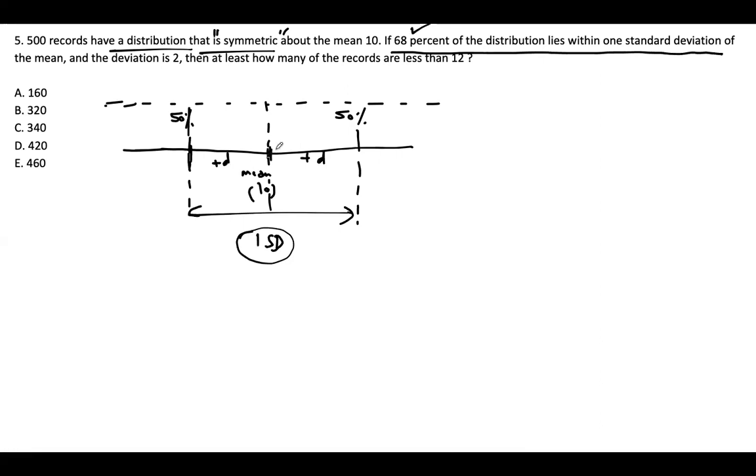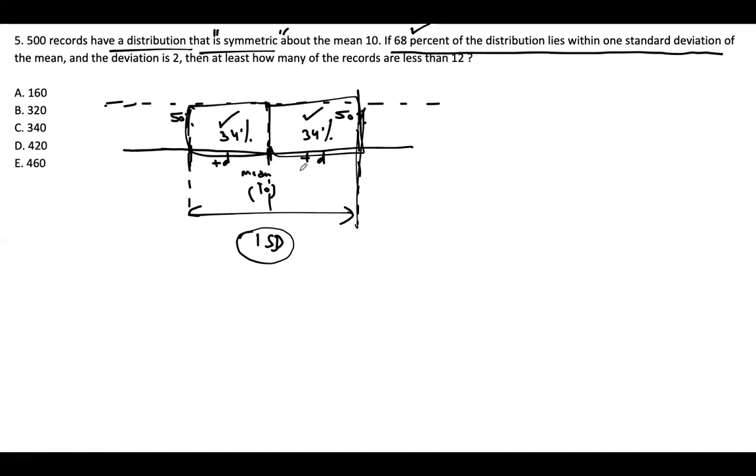With respect to the mean, the data is spread symmetrically, right? So how much data will be on each stretch? 34%, 34%.